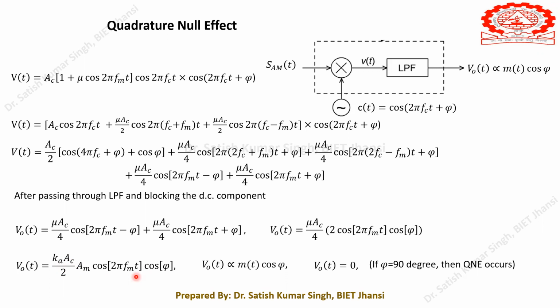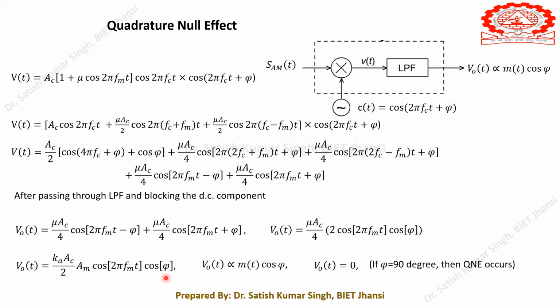Here again you can see that Am cos(2 pi fm t) is our message part, and this is again a proportionality factor, an additional factor which is going to be multiplied, and another factor which is going to multiply it is cos phi.